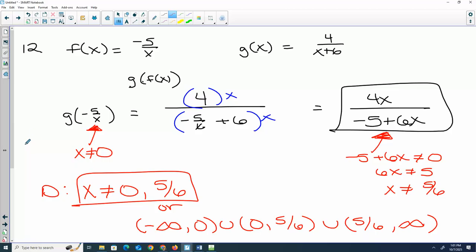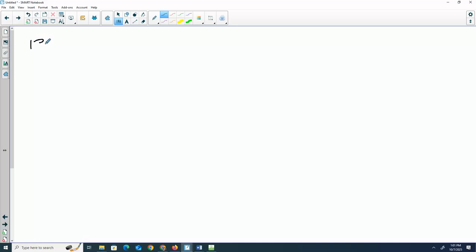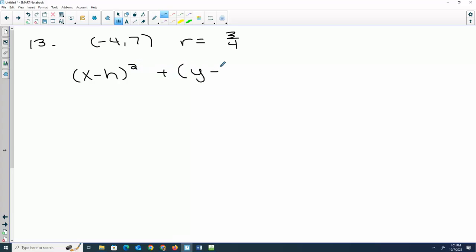Any questions there? 13 and 14. These are the questions about circles. The first one is just the equation. And if you know what the equation of a circle looks like, it's not too hard to find. So you do need to know this. X minus h squared plus y minus k squared equals r squared.